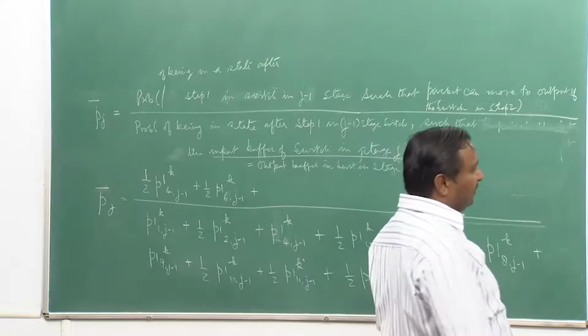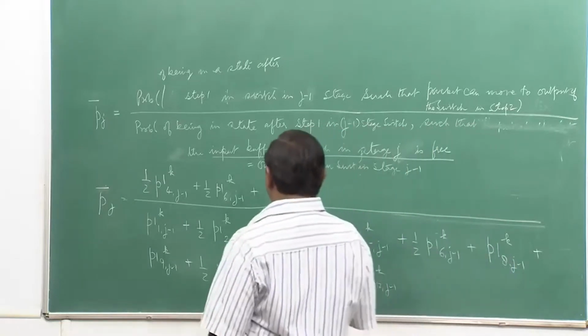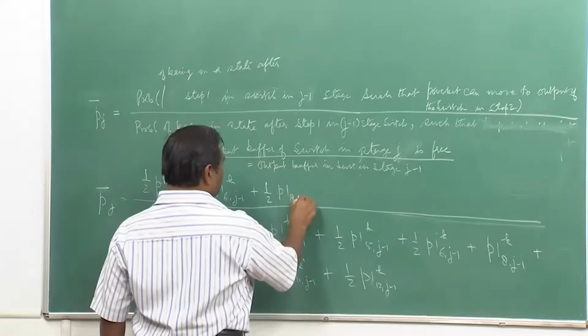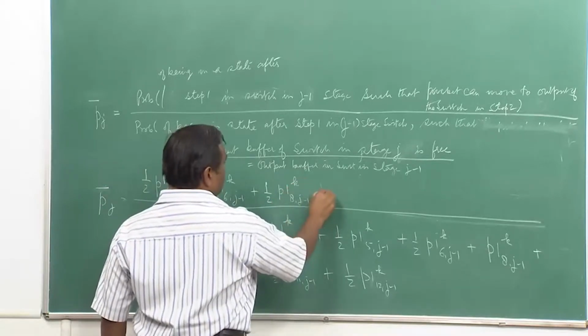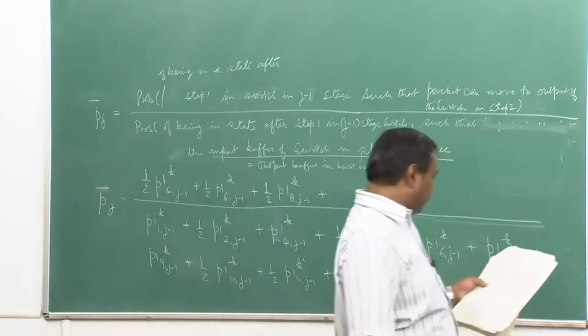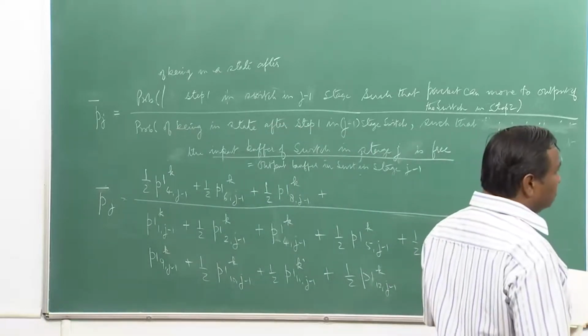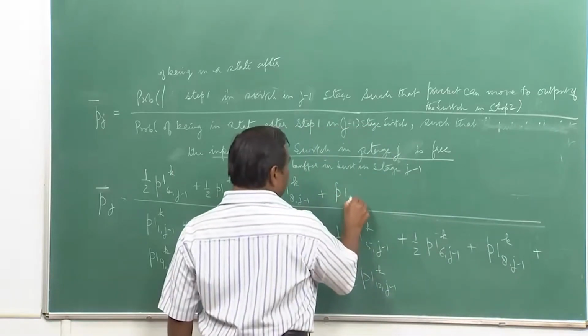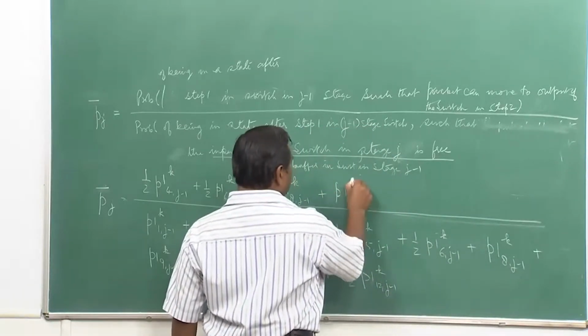The seventh, nothing will be happening. Eighth, only one of them will be coming, so I will put half. Ninth, both the packets will be arriving, so I will write P9, there is no half here now.